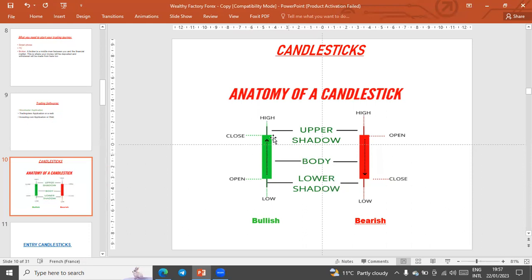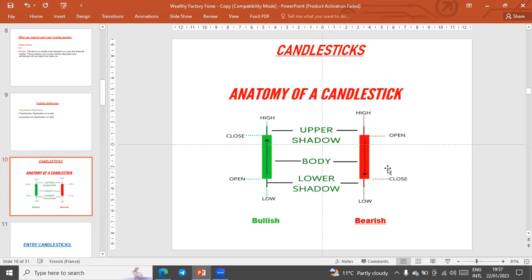Then the opposite of a bullish candlestick is a bearish candlestick. If the bullish candlestick pushes the market up, the bearish candlestick is supposed to push the market down, right? So the bearish candlestick opens from high and closes from below here.